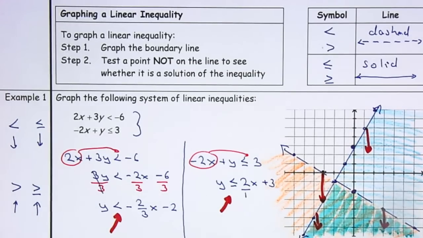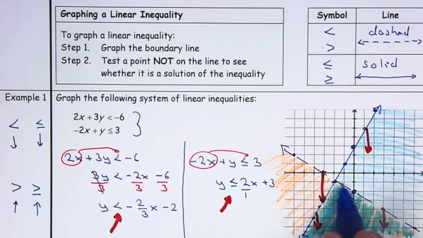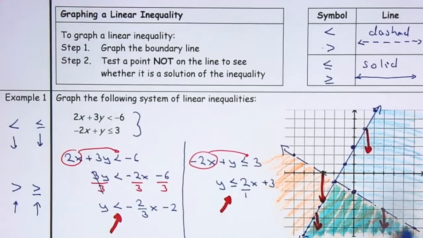Now remember that the reason that this line is solid is because even those points that are on the line are part of the solution. If you notice, this line is dashed because those points that are on the line are not part of the solution, and that's the difference. Let's go to example number 2.